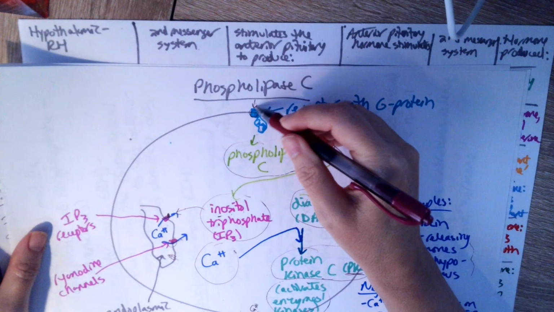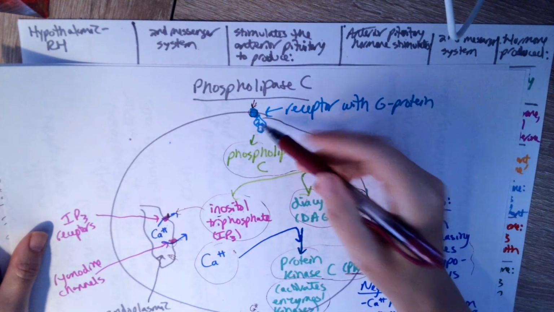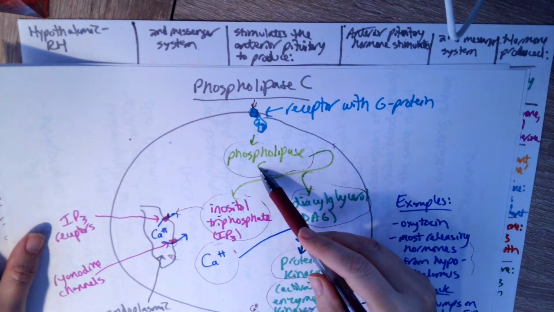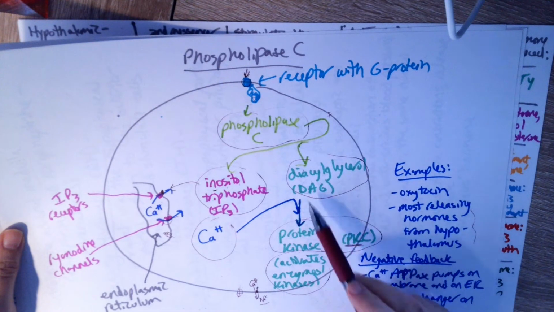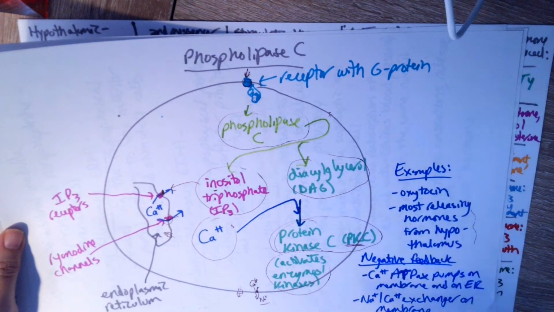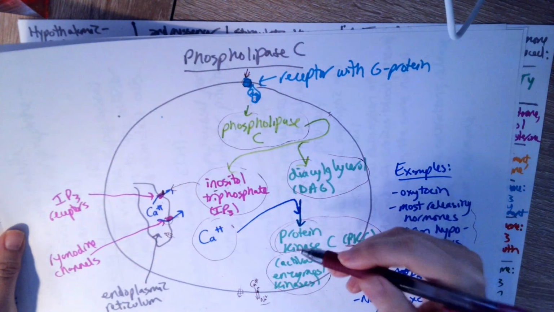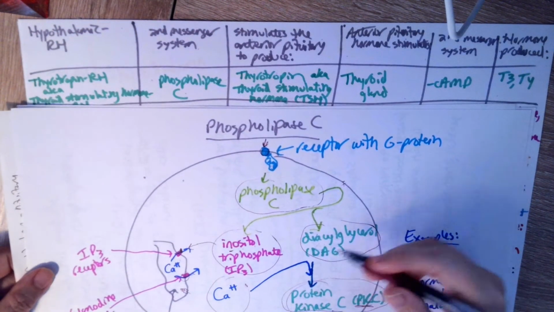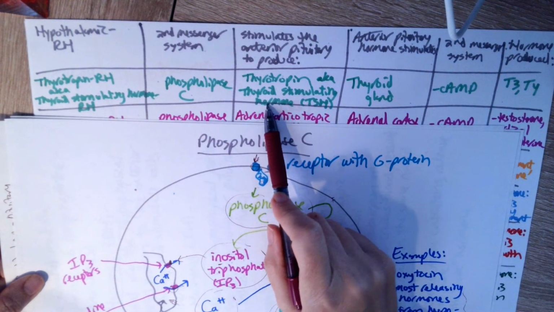Thyroid stimulating hormone releasing hormone binds here to this receptor, activates the G protein, activates phospholipase C. All this stuff with inositol triphosphate and diacylglycerol happens, eventually creating protein kinase C that stimulates the cell. And in this case, what it's going to stimulate the cell to make is thyroid stimulating hormone, or thyrotropin.